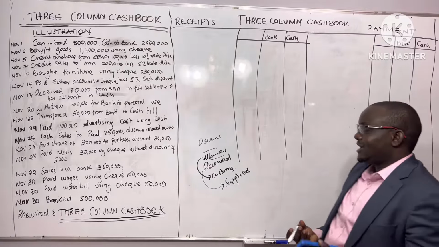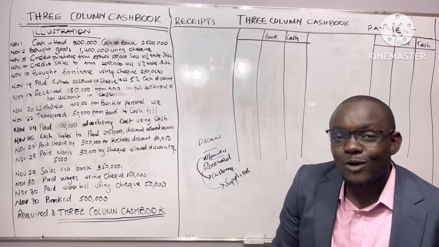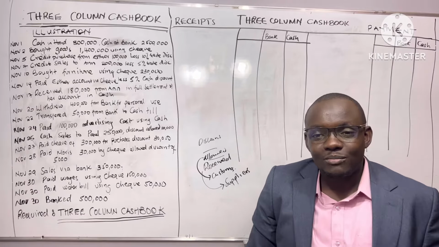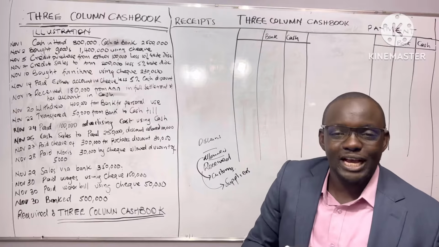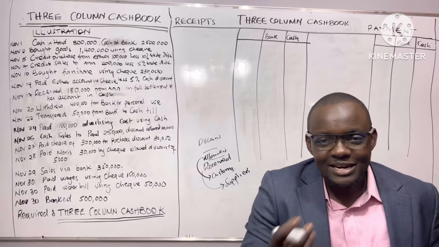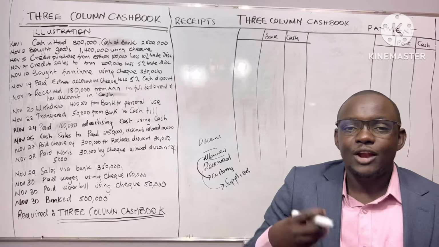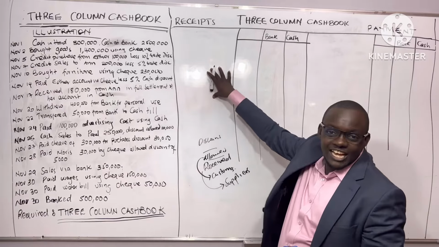Now, ask yourself one thing. For customers, do you receive money or do you pay customers? You receive money from customers, and when you receive money, you record it on this side.